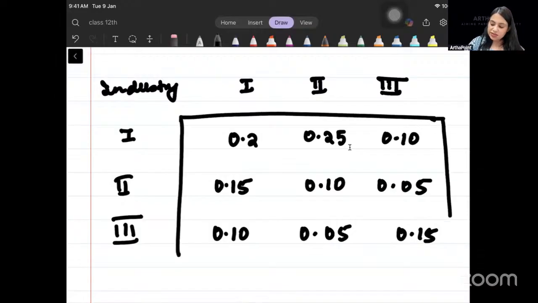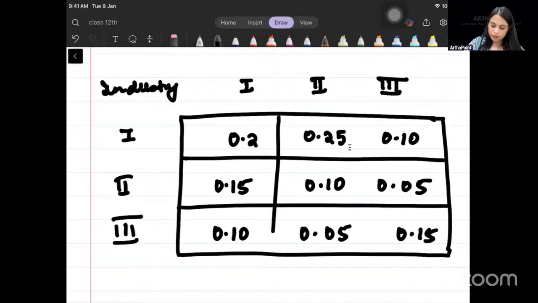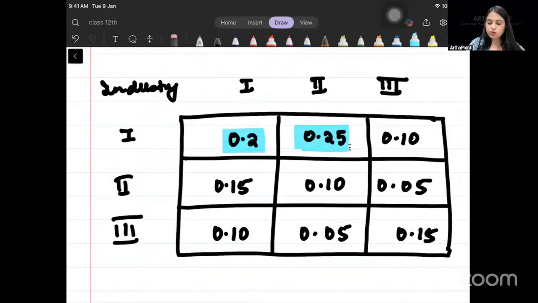So as you can think about it, this is what industry 1 is using in itself. This is what industry 1 is using from industry 2, industry 1 from industry 3, industry 2 from industry 1, industry 2 from industry 2, industry 2 from industry 3, and so on and so forth.